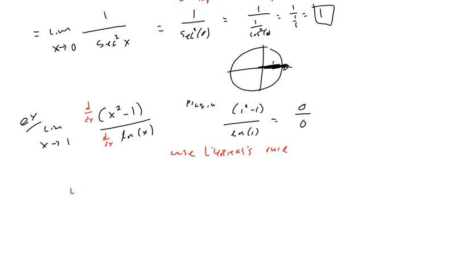And so I can find the limit as x approaches 1 of, well, what's my top equation now? This becomes 2x over, the derivative of ln was 1 over x. So now if I plug it in, I'm going to get 2 times 1 over 1, which is going to be 2.